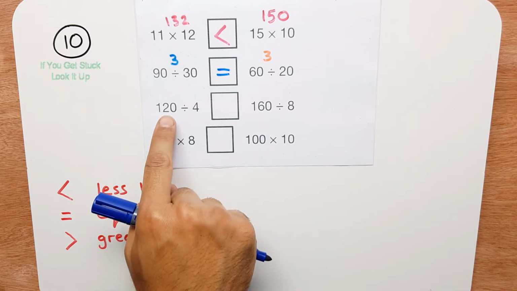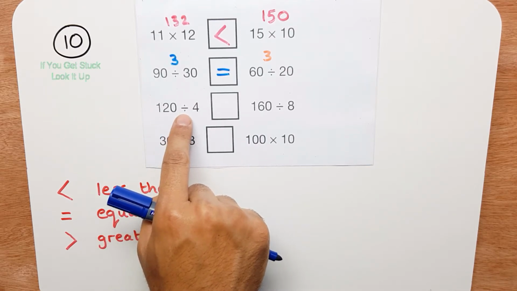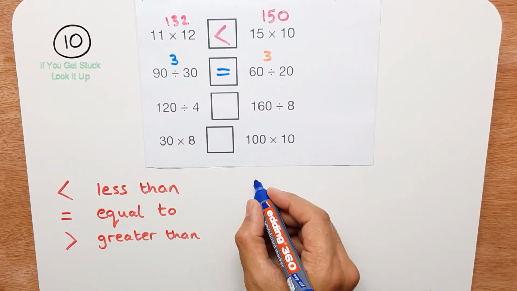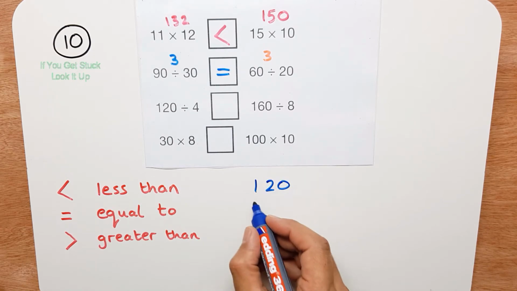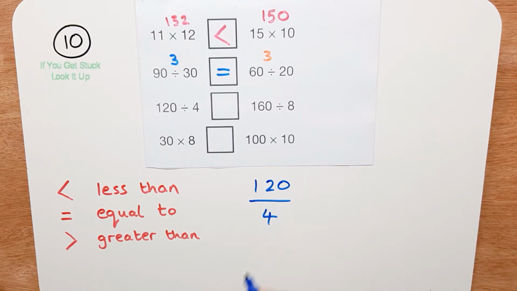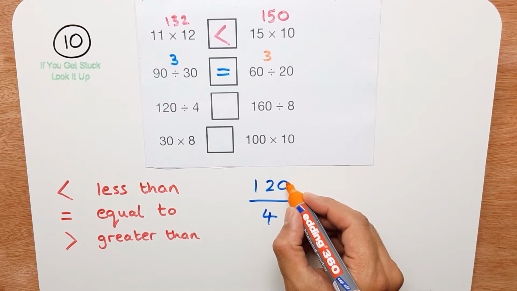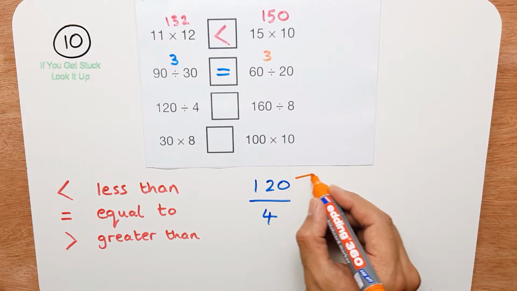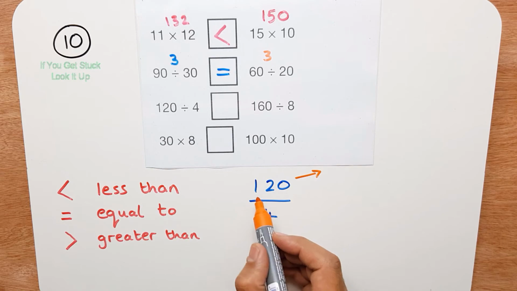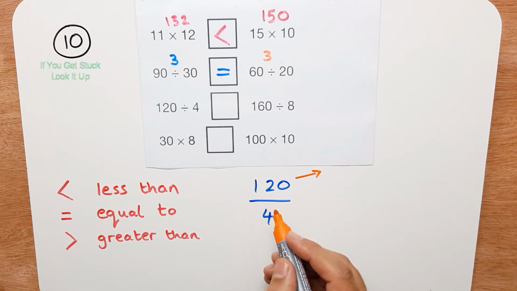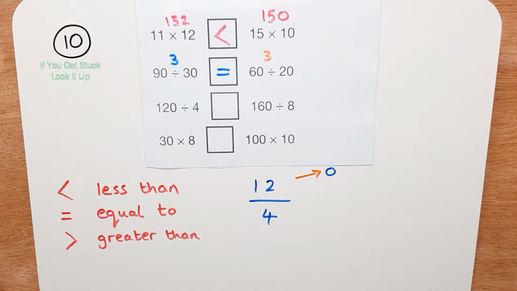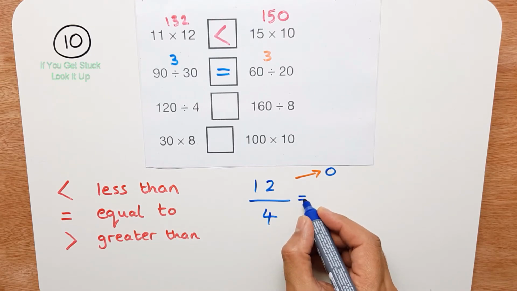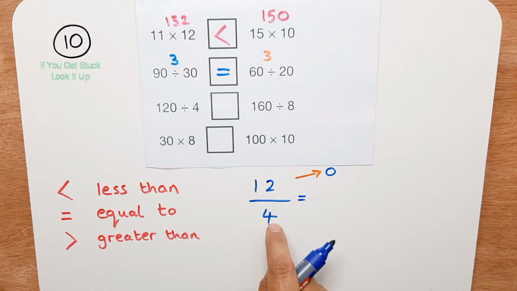The third part is 120 divided by 4. 120 shared by 4. So I'm going to use a shortcut. I'm going to hide this 0 because I've spotted that 12 can be divided by 4. So now my question is 12 divided by 4.